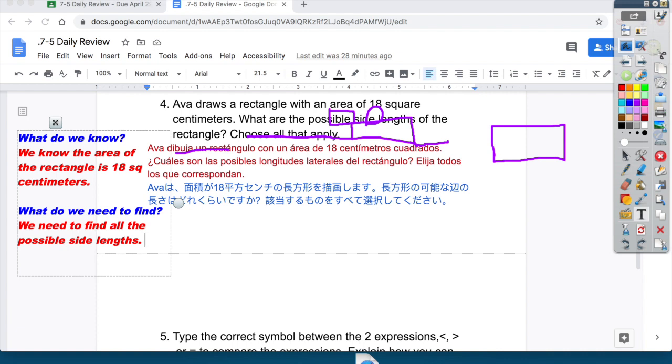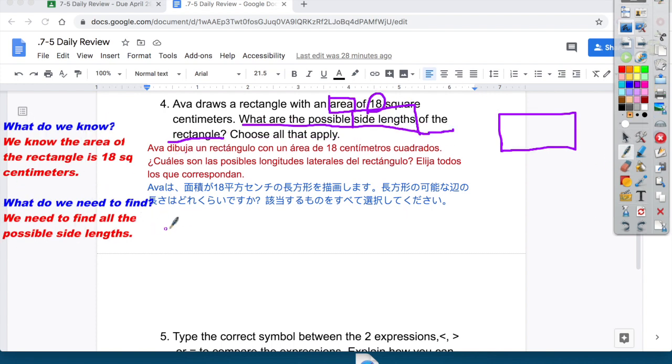So, since the area is 18 square centimeters, since we know that the area is 18 square centimeters, that lets us know that we need to find numbers that are multiples of 18. Why?